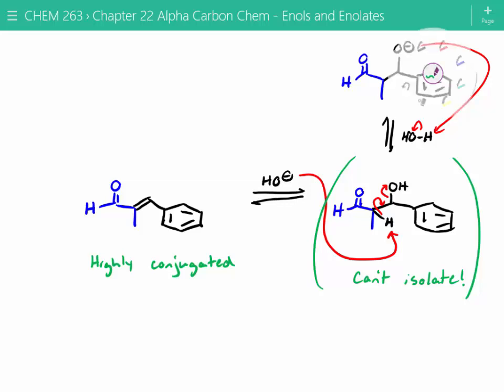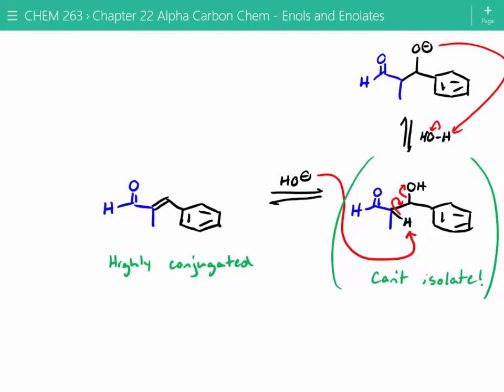All right, let's do one last practice one before we leave, but this time do retrosynthesis rather than forward mechanism.